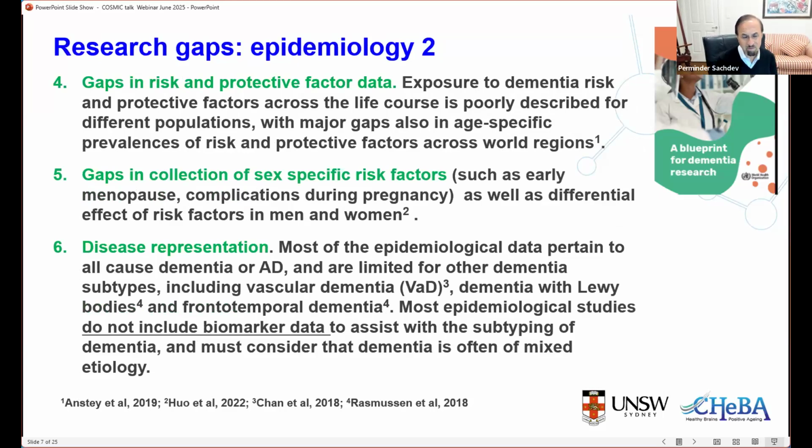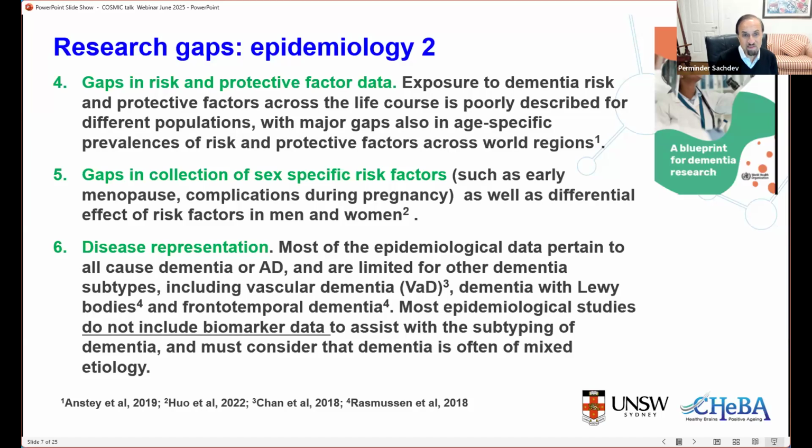Lancet Commission that was published early in 2020, and then the later publication in 2024, identified 14 risk factors. But most of the data for that also came from high-income countries. There are gaps in collection of sex-specific risk factors, and this is one area where there is now considerable effort and recent funding from the Wellcome Foundation to try to fill this gap.